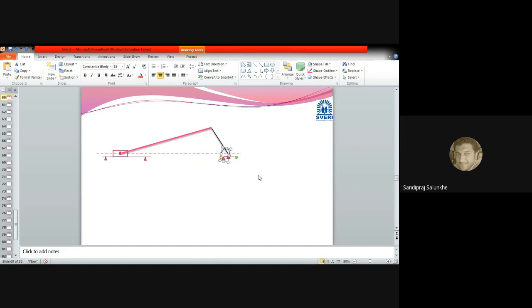Do you get it? So we'll name these points: this point is O point, this is C point, and where the piston is connected to the connecting rod is the P point. For this configuration, suppose this angle is theta.